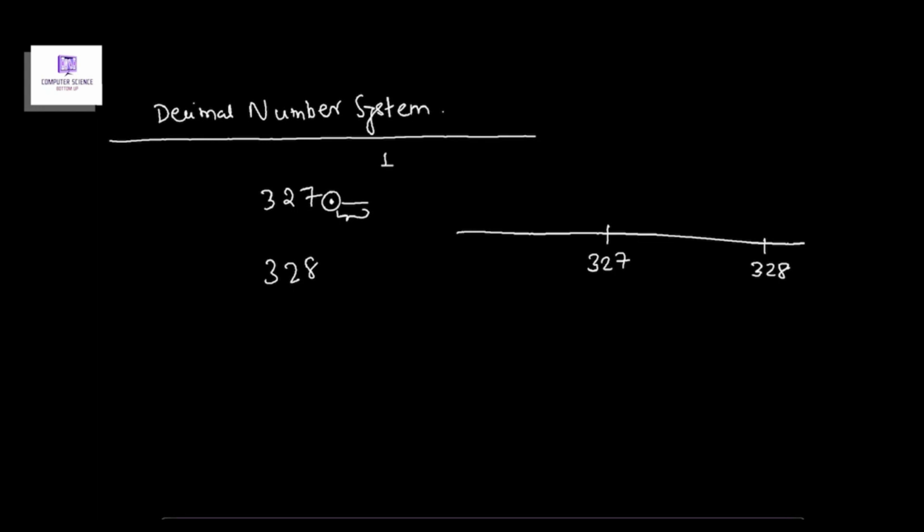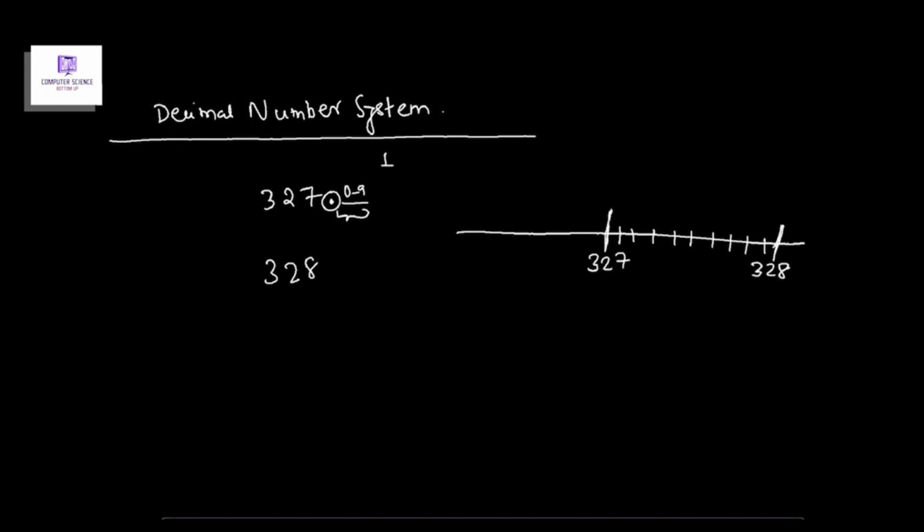In how many ways can you fill this digit? From 0 to 9. So between 327 and 328 it is divided into 10 parts.